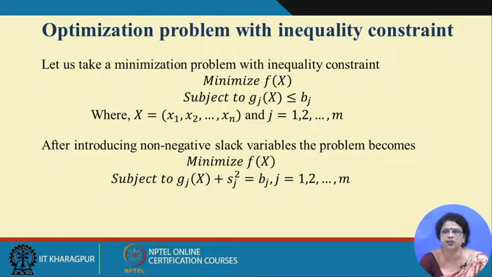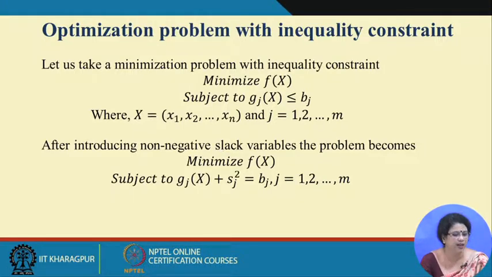If the constraint is of less than or equal to type, you introduce the slack variable. That is why here we are introducing a non-negative slack variable, Sj. Since we are considering the slack variable as non-negative, we use Sj square. That is how we can make this problem an equality type constraint.